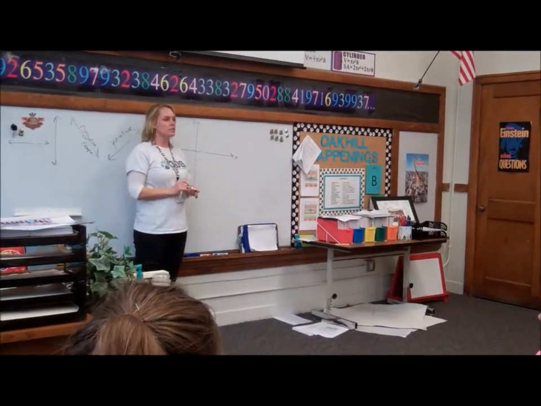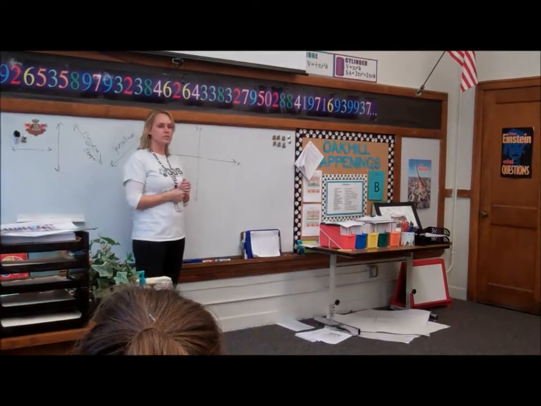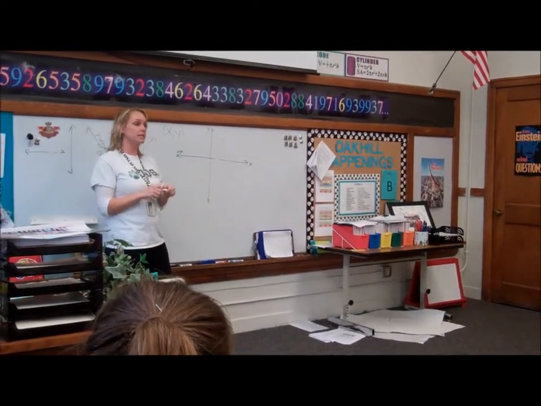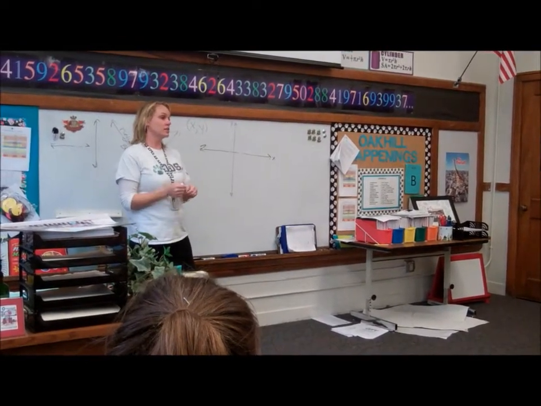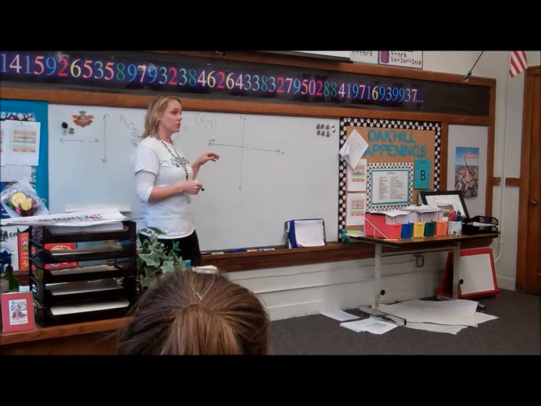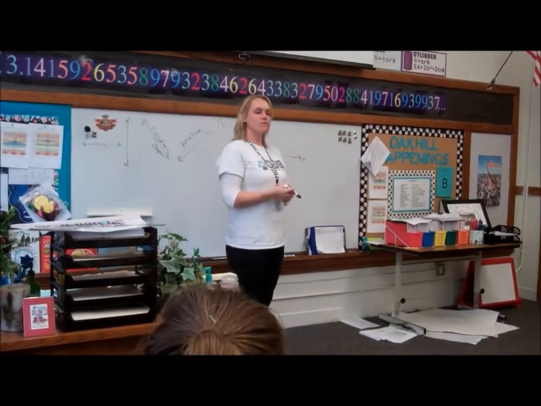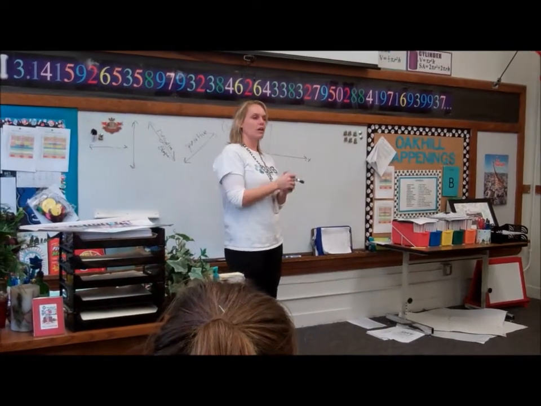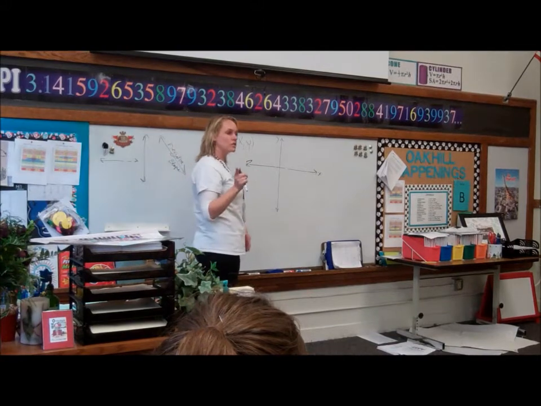Okay. Well, today we're going to work with slopes on the coordinate plane, and I'm going to teach you how to find that. And basically, it's just a simple ratio of your change of your vertical, which is your y, which is backwards from what we've learned, over your change of your horizontal, which is your x. So it looks like a fraction.